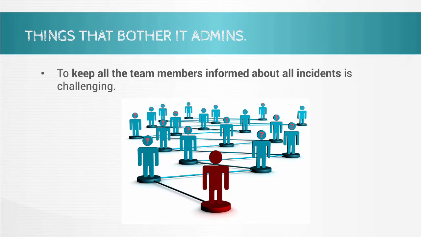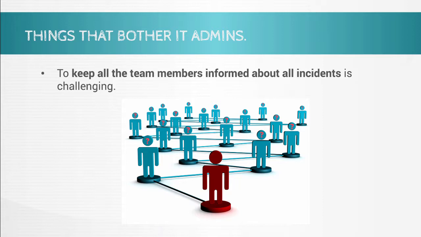And the next thing is, it is difficult to keep all the team members informed about all the incidents. If an IT admin has a team of say 10 members, and if he uses multiple tools, it is difficult for him to keep his team members informed about all these incidents from all these applications.